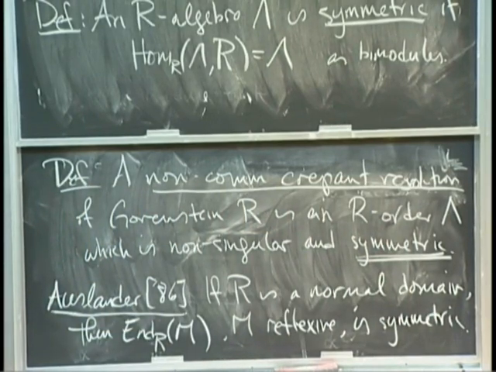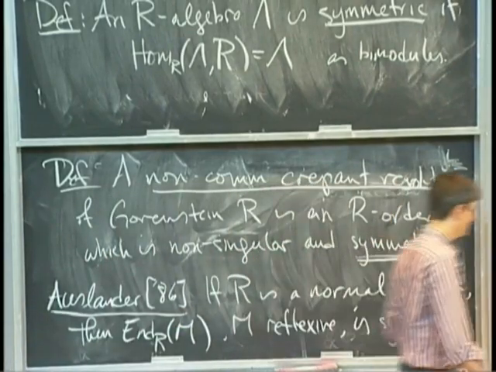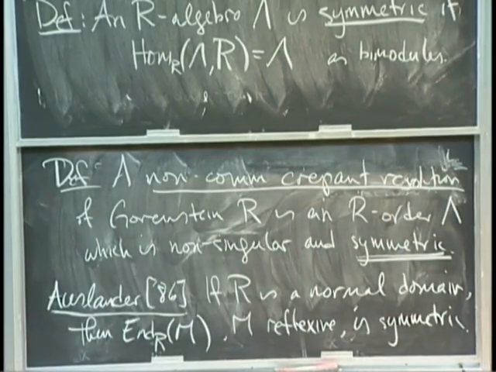And in fact, it's much better than that. Really, the truth is that from this definition, it follows that a non-commutative Crepant resolution is an endomorphism ring.